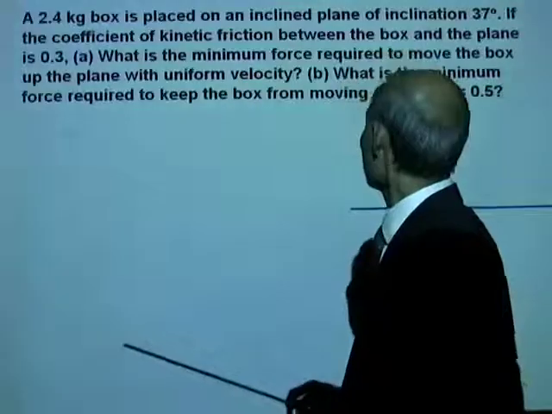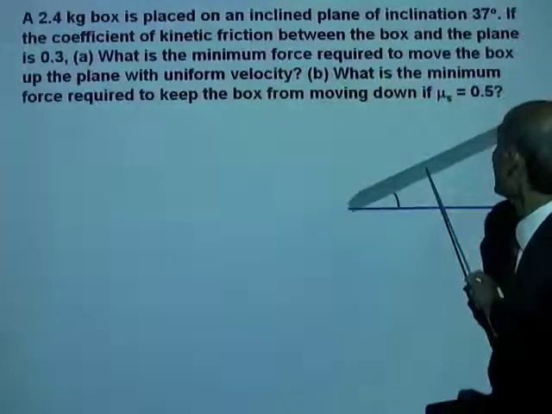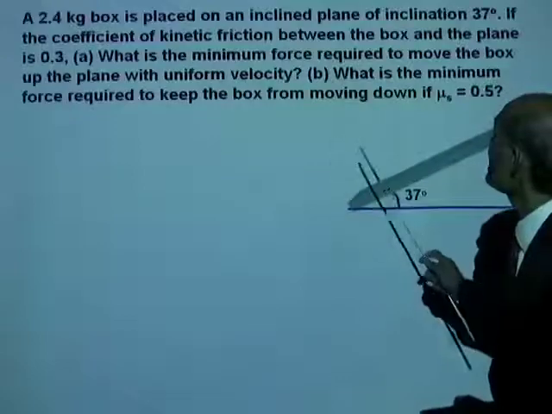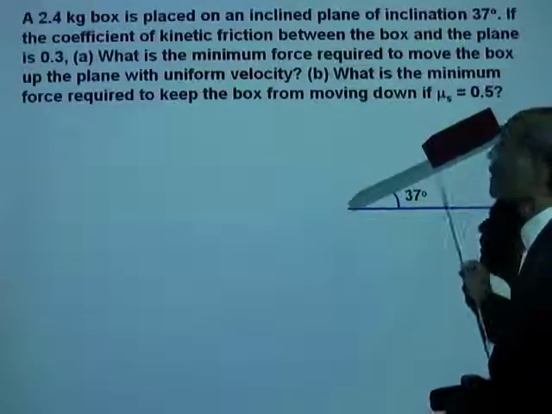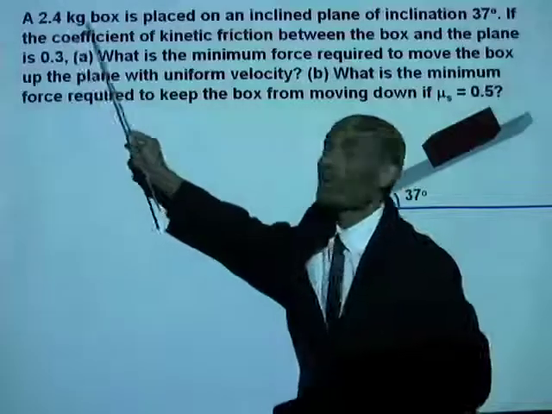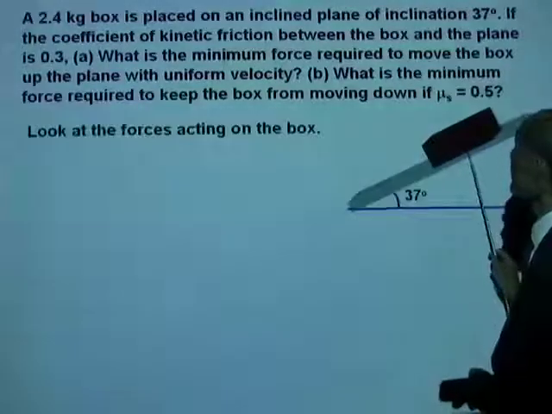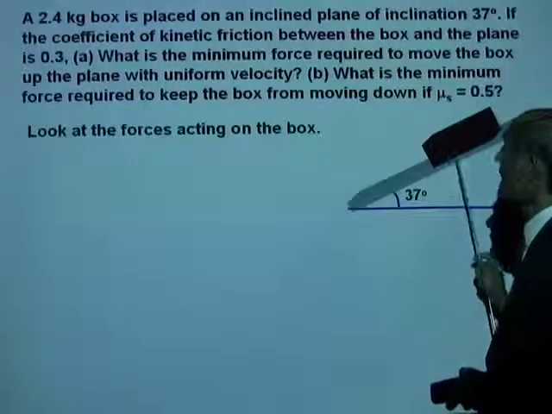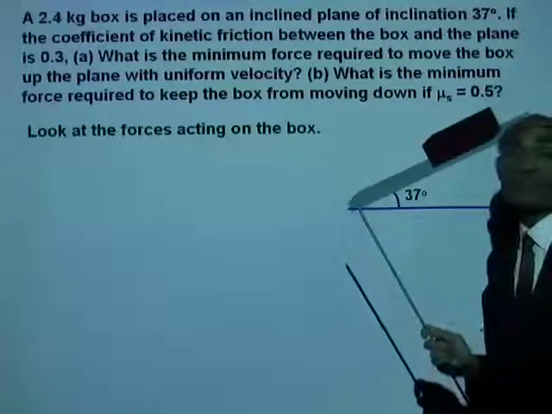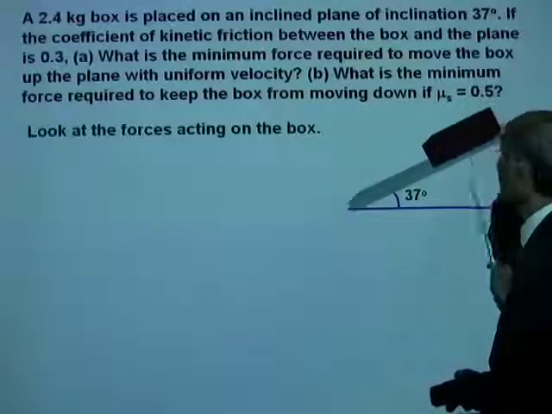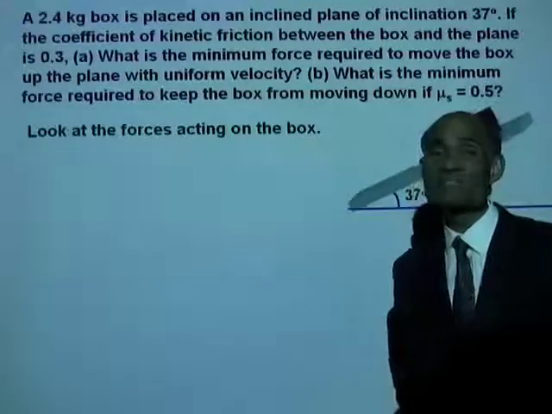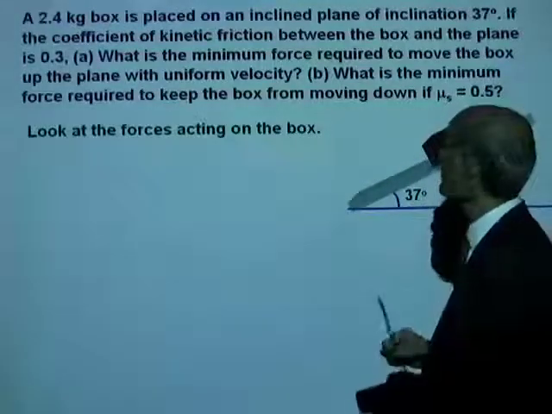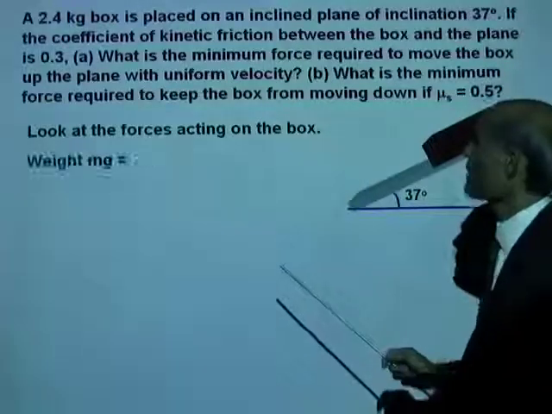Okay, we have an inclined plane of inclination 37 degrees, and you have a box of mass 2.4 kilogram on the inclined plane. Now let's look at the forces on this box. This is just a review from two lessons away. What are the forces acting on the box?